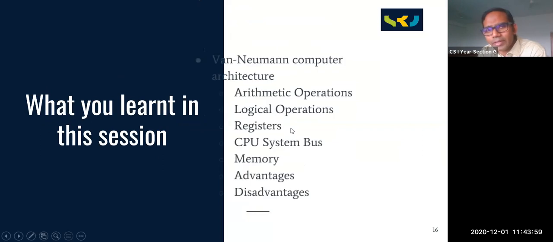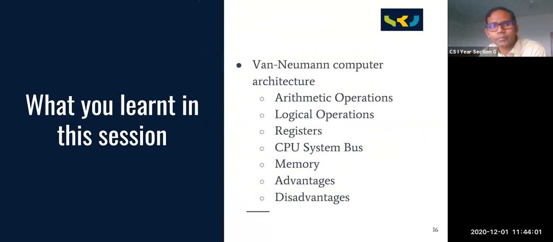Now, what exactly have we learned in this particular session? We have learned von Neumann computer architecture. Apart from that, we have seen arithmetic operations: addition and subtraction. We said that multiplication is also addition and division is also subtraction. Altogether, we said the computer can do only addition.